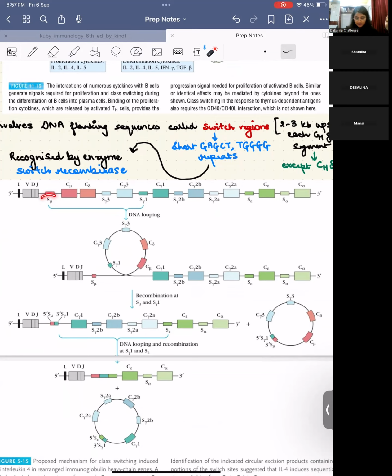If the switch region of this segment recombines with the switch region of, say, the gamma 3 segment, whatever is in between, the C mu, the C delta, the switch region of gamma 3, as well as the gamma 3 segment itself, is now looped out. There is going to be a cut here and here, and this fragment is going to be lost, and this loss is forever, so you can never have that expression. The switch has now happened.